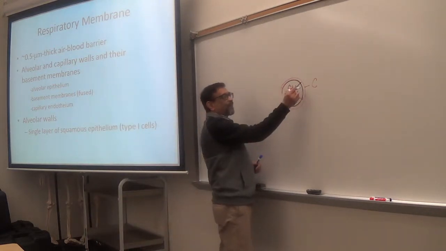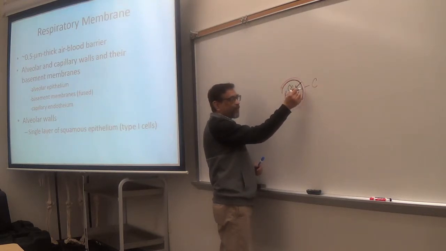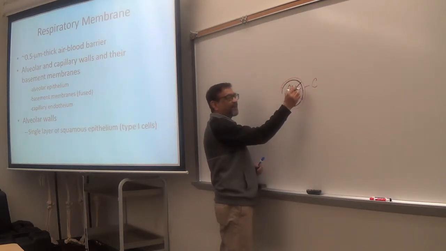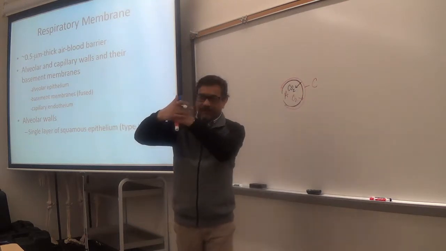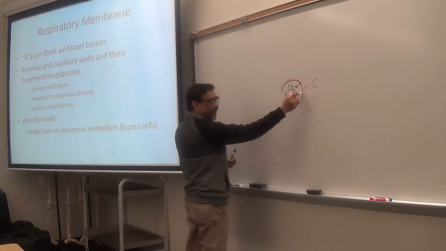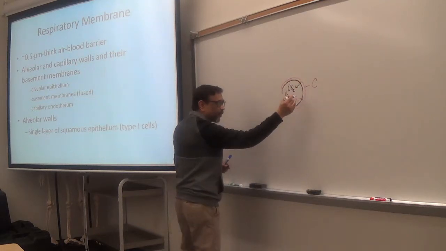So now, you see, the gas must pass through these two walls, thin walls, but two walls. One is the wall of the alveolus, another is the wall of the capillary. Those are attached. So the black one is the wall of the alveolus, the red one is the wall of the capillary. So gas must pass through those two walls.